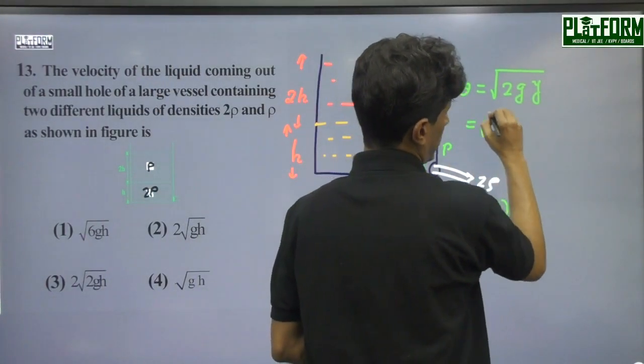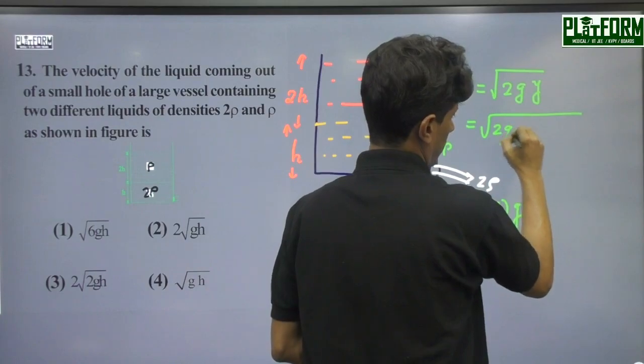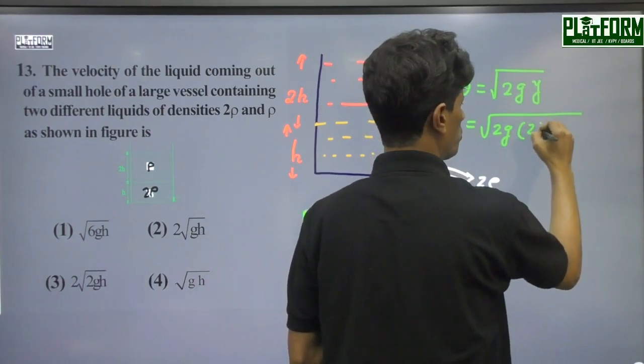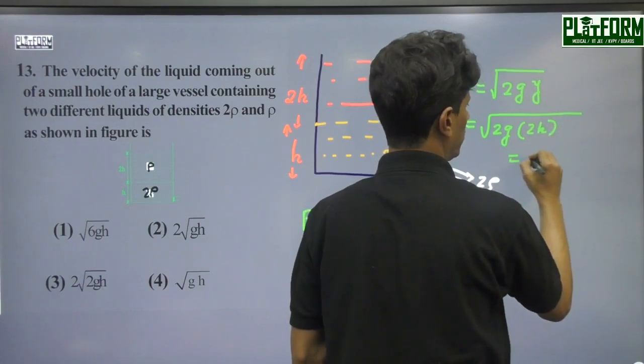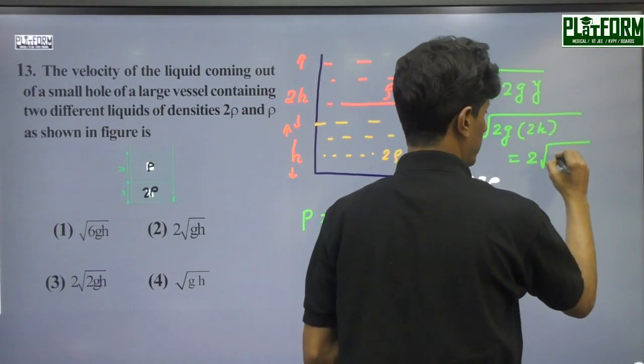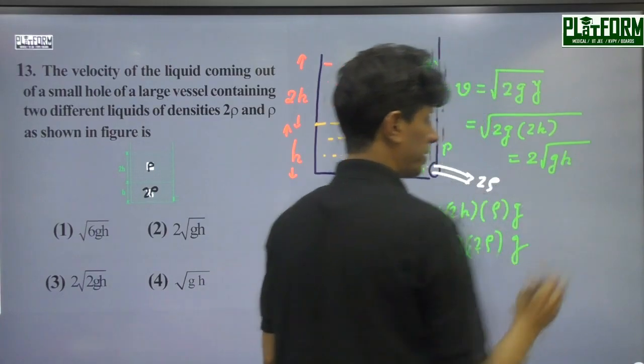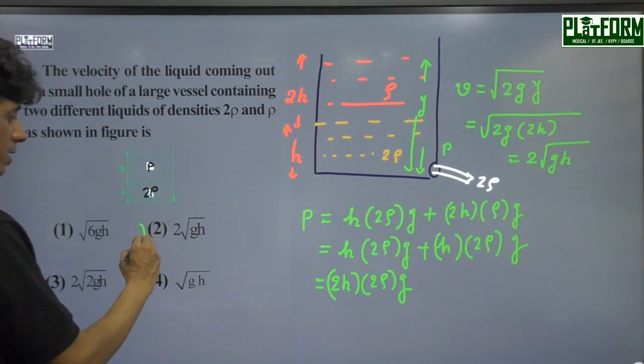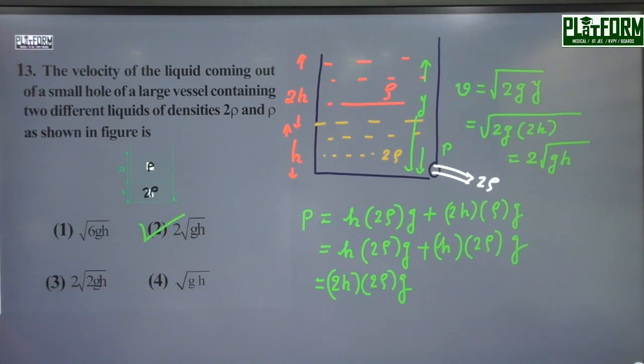So putting this, we can get the result simply. y is equal to 2h, so the result is equal to 2 root over gh. Right option here is 2. Next problem.